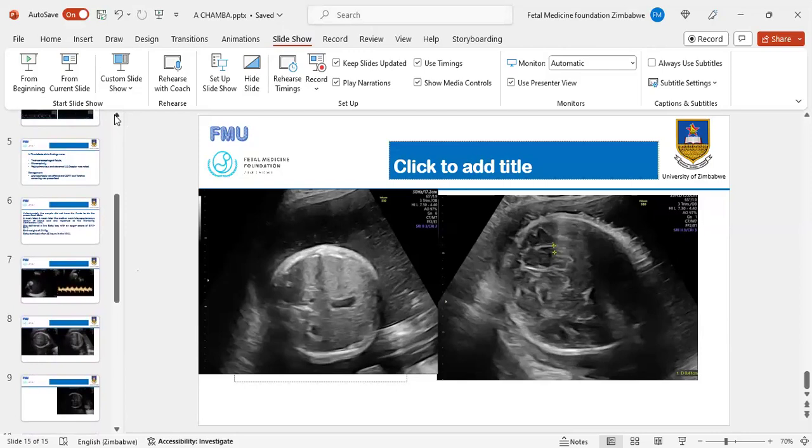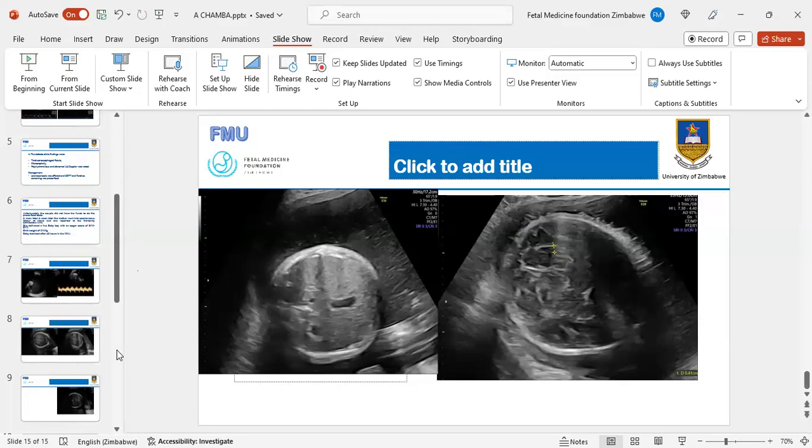Yeah, I think the question will be answered. But I thought in this case, the explanation is that the stomach bubble wasn't well visualized, so we are thinking that the baby is failing to swallow. Whenever there is polyhydramnios and FGR, it's not a typical FGR by the sheer definition of what an FGR is.